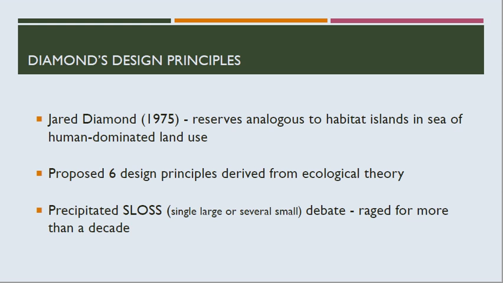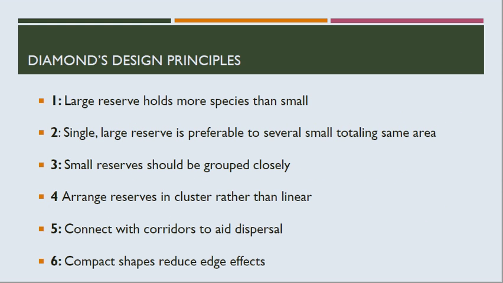All right, so Diamond's design principles are there, 6 of them. Large reserve is best. Small reserves are not so good. Single large reserve is preferable to several small totaling the same area, mainly for the reason that there is less edge effect. Okay, so a reserve sits in a landscape and there may be factors or ecological processes on the edges of those reserves which are bad for the species within the reserves.